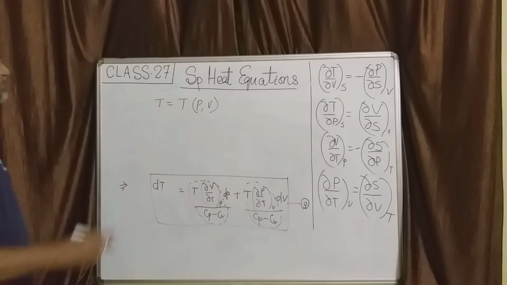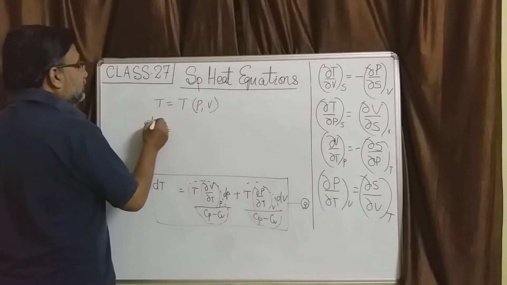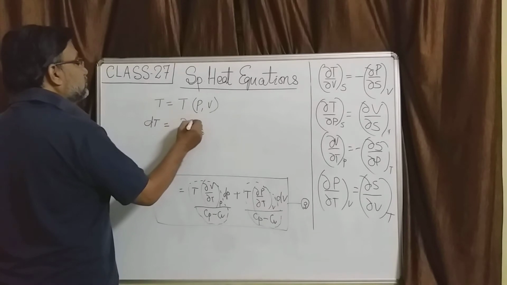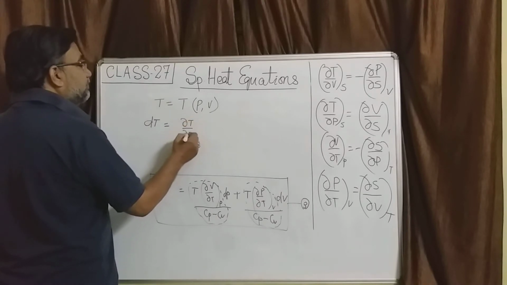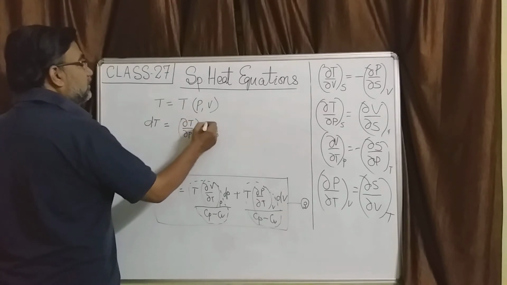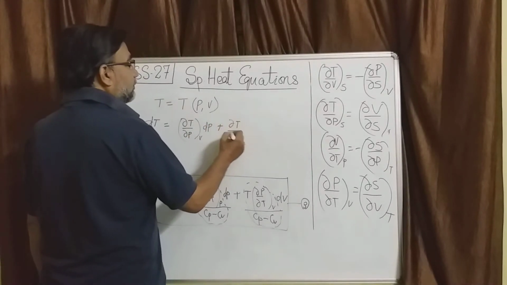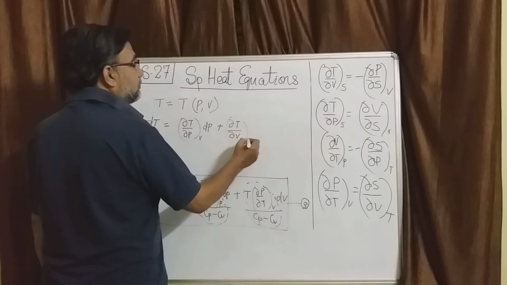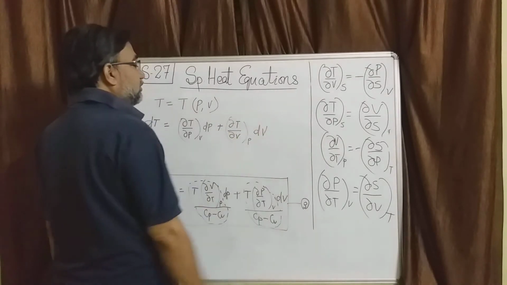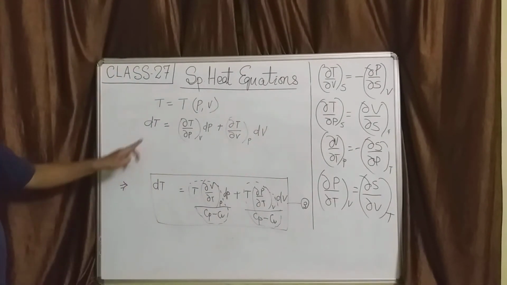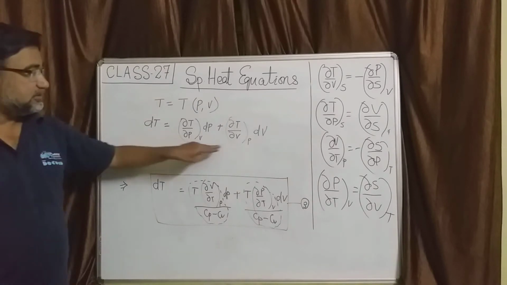If we write like this, then what will be dT? In the partial differential equation form, dT is equal to (∂T/∂P)_V dP plus (∂T/∂V)_P dV. Okay, so dT is equal to this plus this.